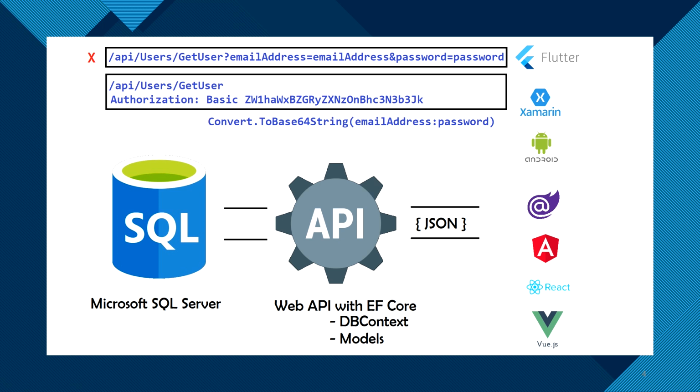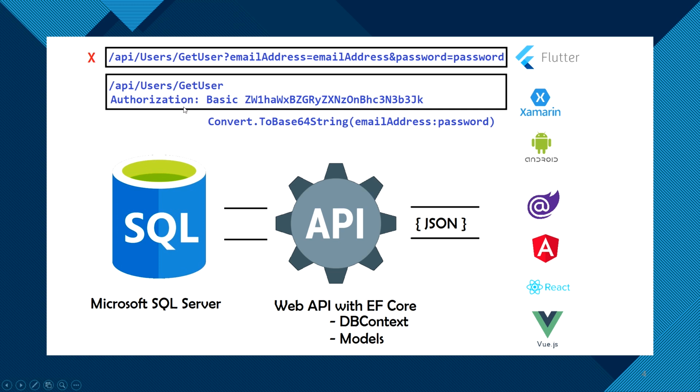You can use a secret key for encryption and decryption, which only your clients and servers can access. But for this demo, I'm just going to use convert base64 to convert my email address : password into an encrypted string. And then I'm going to use from base64 method to bring back, to decrypt my encrypted string.